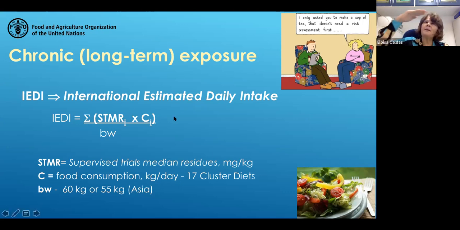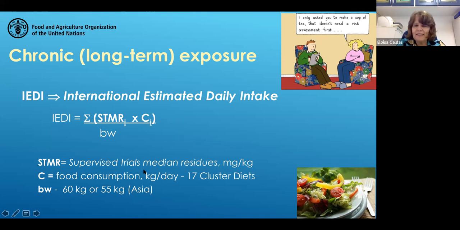So you have a sum of individual intakes coming from the consumption of individual commodities, divided by the body weight. Yes, for the GMPR that is only one body weight. You're going to see the consumption data. STMR is the supervised trial median residue.